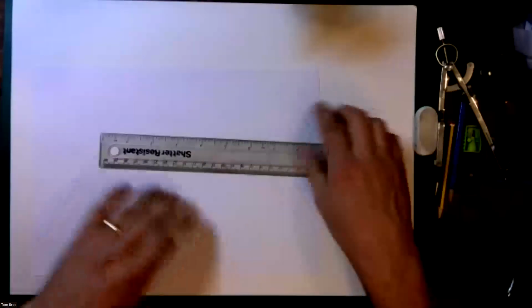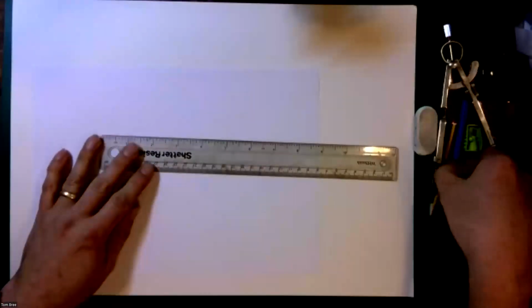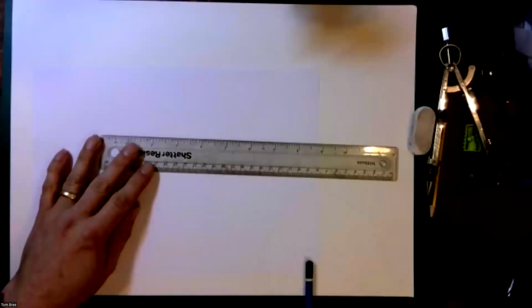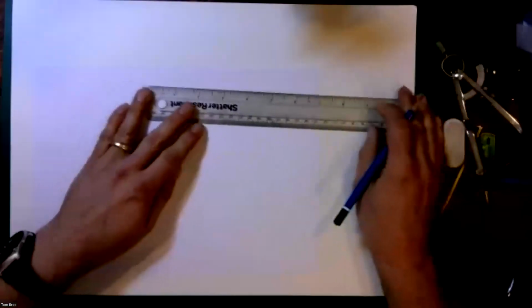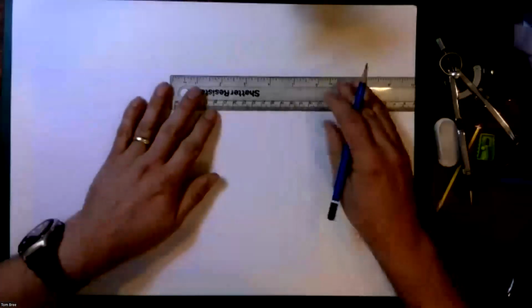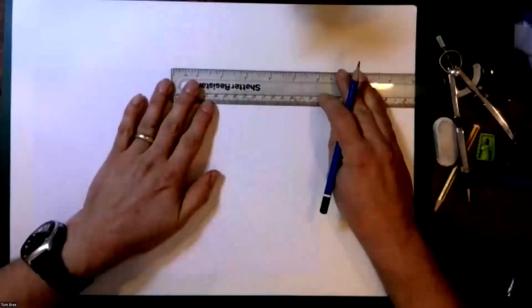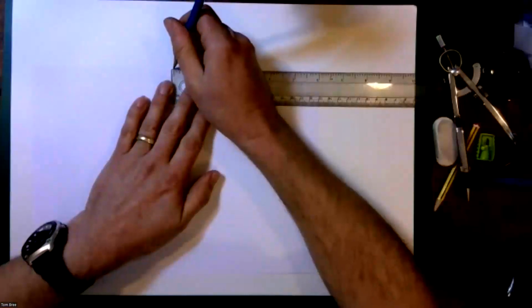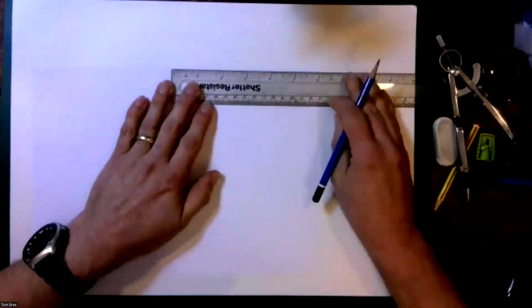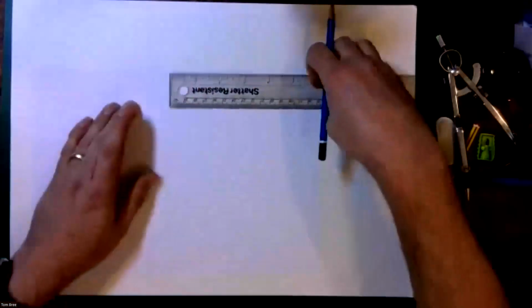Right, so first I'm going to turn the paper into landscape, and I'm going to measure 6 inches up from this end of the page, which is going to be the bottom of the page eventually when I turn it back around again. So 6 inches, glasses on. I'm going to make a mark like so there at one end of the paper, and a similar mark down here, both of them 6 inches away from that right side of the page as I currently have it.